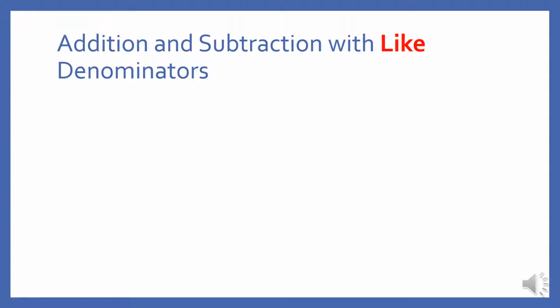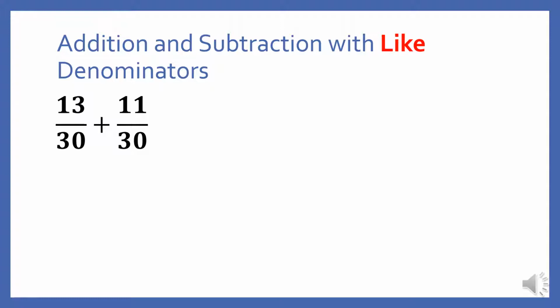Let's begin. We're going to add and subtract fractions with like denominators. We're going to add and subtract fractions with common denominators. Now, the rule of thumb is when we are adding or subtracting fractions, we must ensure that we have common denominators.